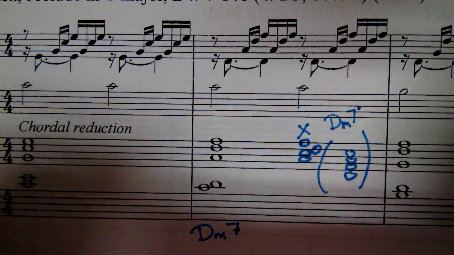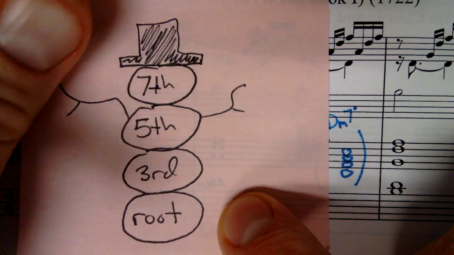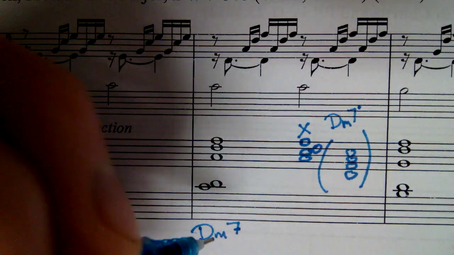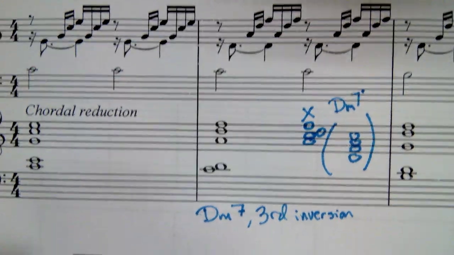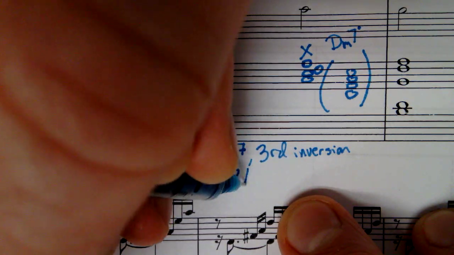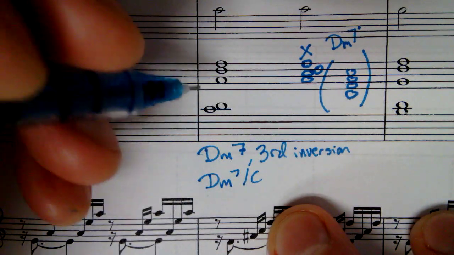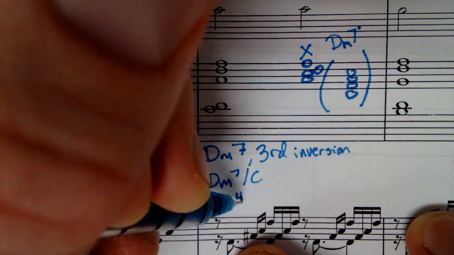And if the seventh is on the bottom, then it's third inversion. So we call this D minor 7, third inversion. You could also use a slash notation and say D minor 7 over C, or you could use the figured bass symbol, which is D minor 4, 2.